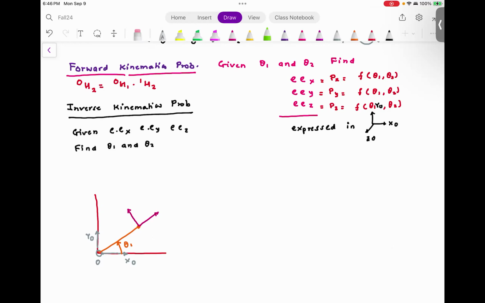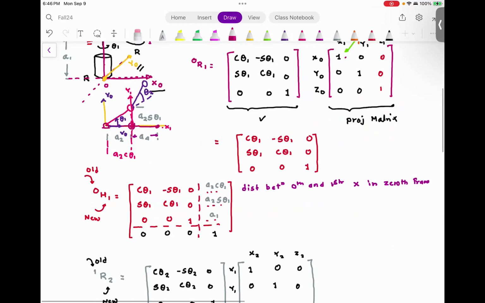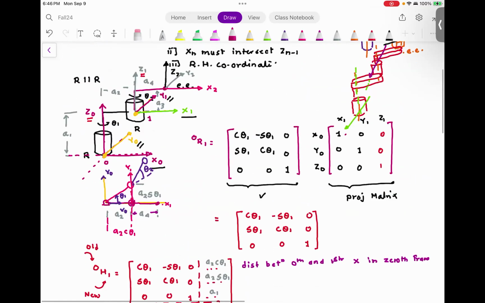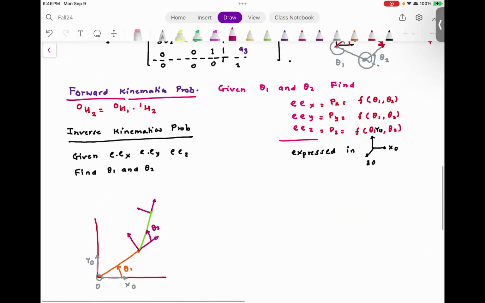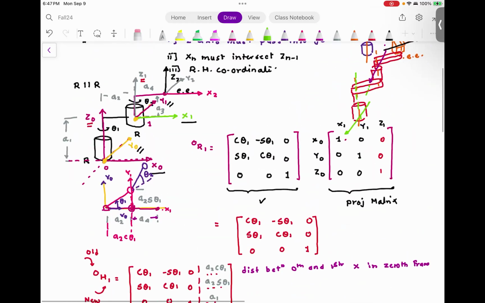And here, I have my second link. And here, I'm going to say that I have this coordinate frame. So this is theta 1. This is theta 2. This distance is A2. And this distance is A4.